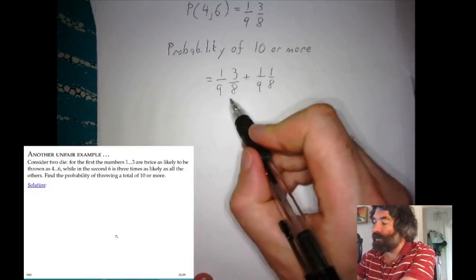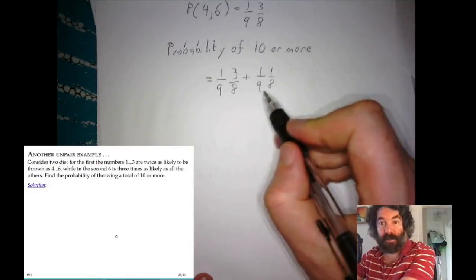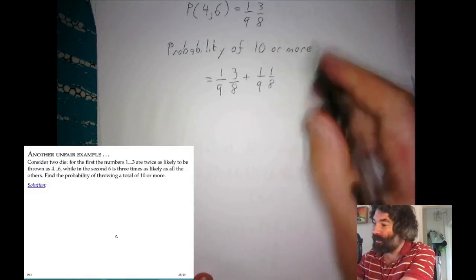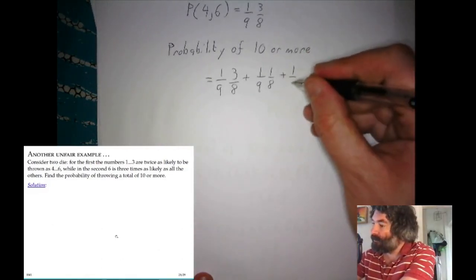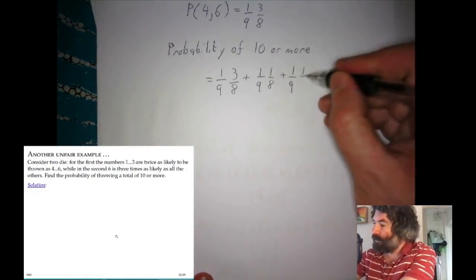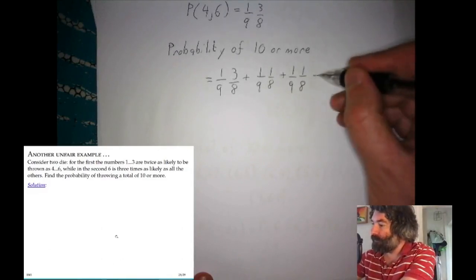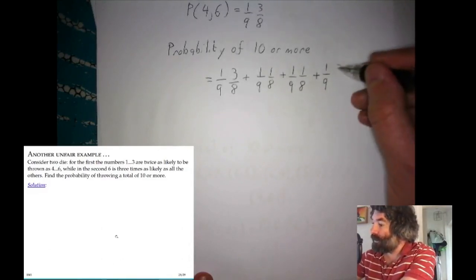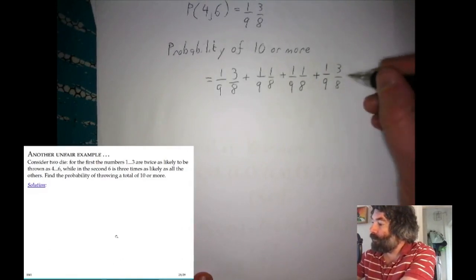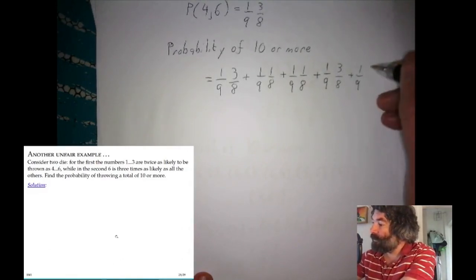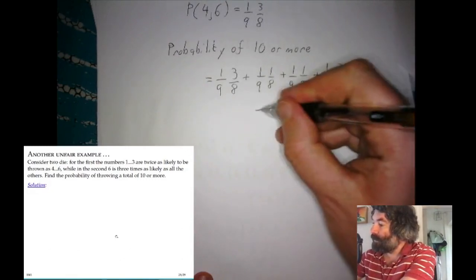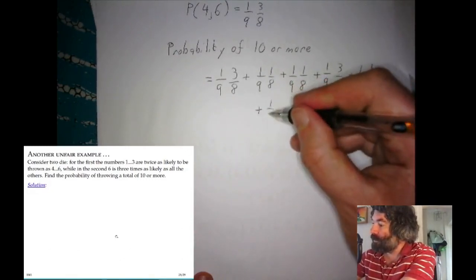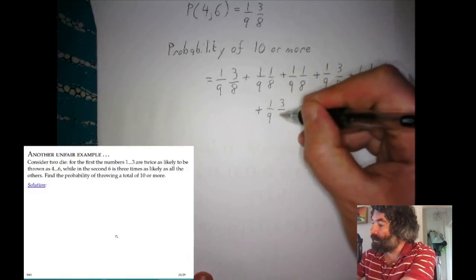This was the probability of 6 on the first, 6 on the second, 6 on the first, 5 on the second, 6 on the first, 4 on the second, 5 on the first, 6 on the second, 5 on the first, 5 on the second, and then 4 on the first, and 6 on the second.